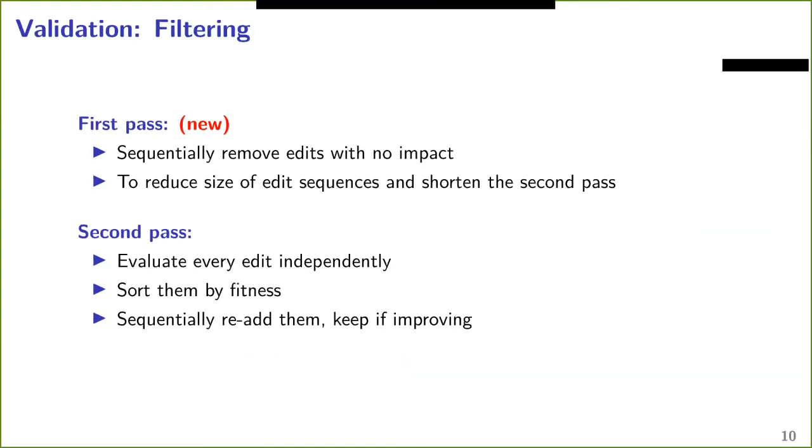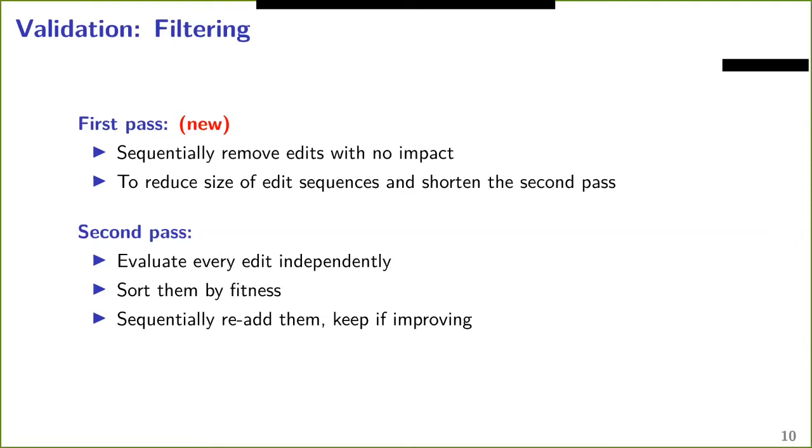For the validation step, we use a 2-pass procedure. The first pass is actually new, and basically, we'll try to reduce the size of the edit sequence. So what we will do is consider every independent edit and remove it if it has no impact on the final software. So from the genotype, which is the sequence of edits, we'll remove edits as long as they do not impact the phenotype, so the source code itself.